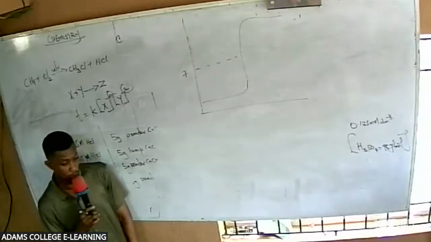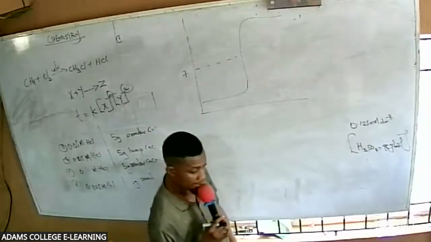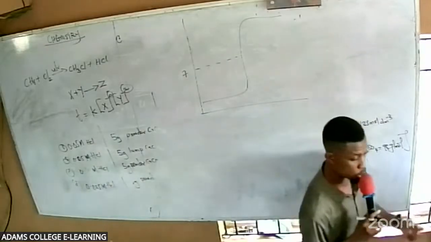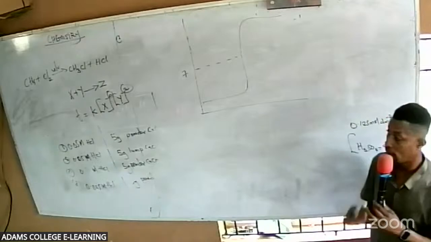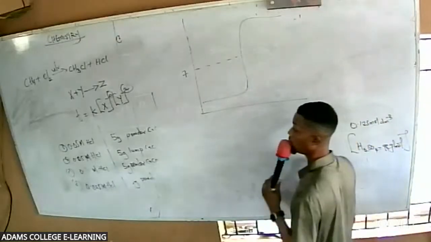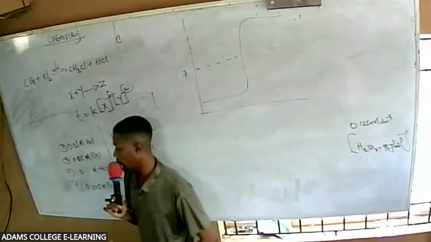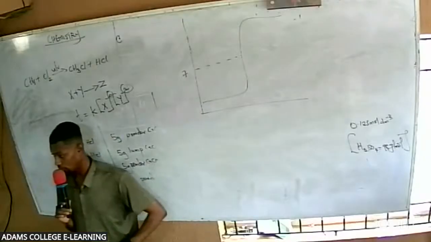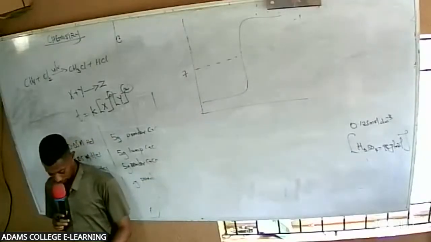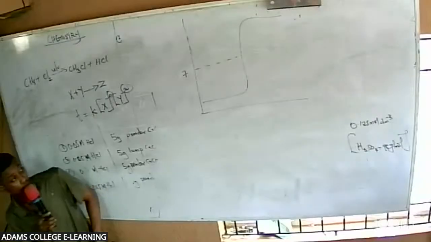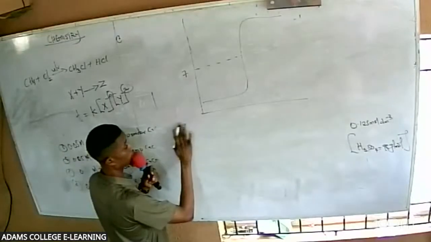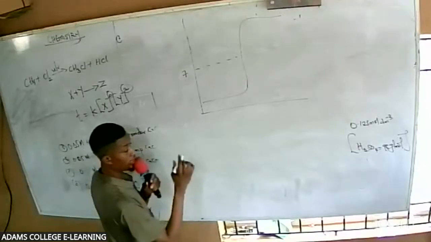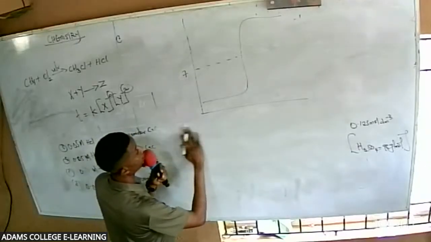When acid reacts with a carbonate, what is liberated? CO2, salt, and water. So identify the salt liberated.